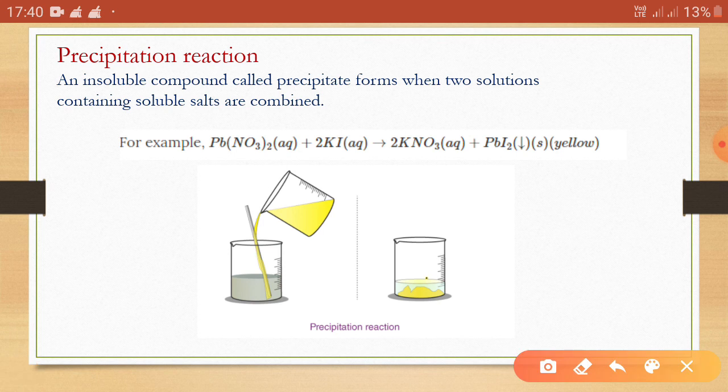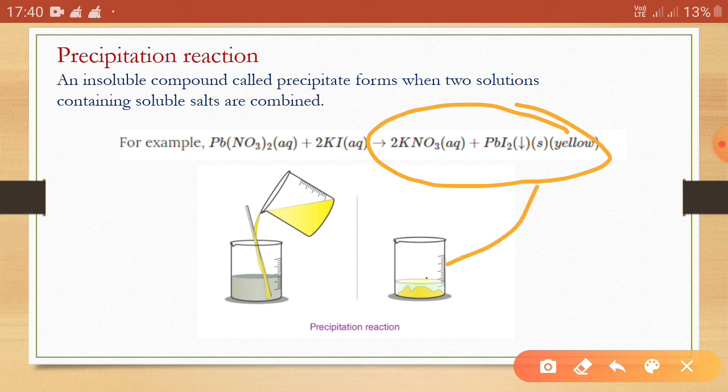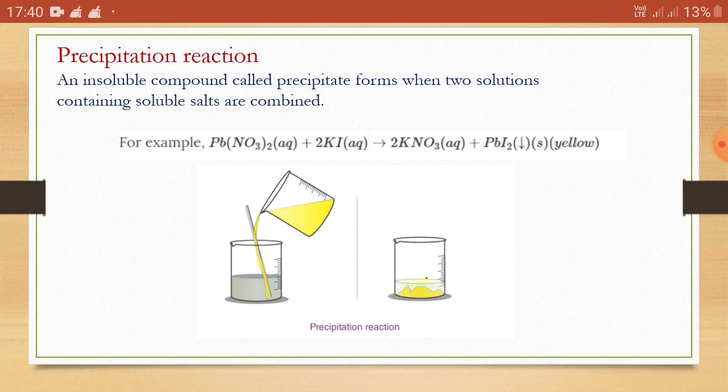Okay, when the solutions are combined, KNO3 plus PbI2 are formed, and an insoluble compound results. Here the precipitate forms as yellow colored PbI2. So in precipitation reactions we get an insoluble compound.